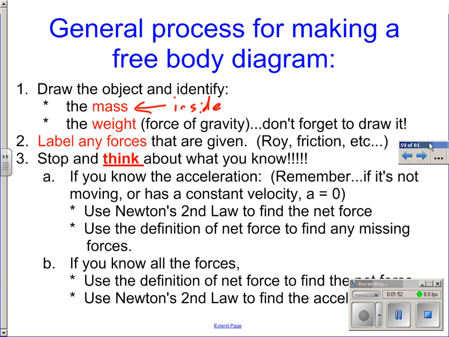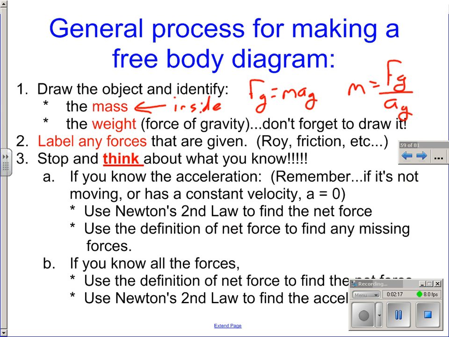In most problems, I'll give you either the mass, in which case you'll have to calculate the force of gravity, or I'll give you the weight, the force of gravity, and you'll have to find the mass. So I'll always give you either mass or weight, and you've got to find the one that you're missing. All right, so that's your first step. Draw your object and label those 2 things.